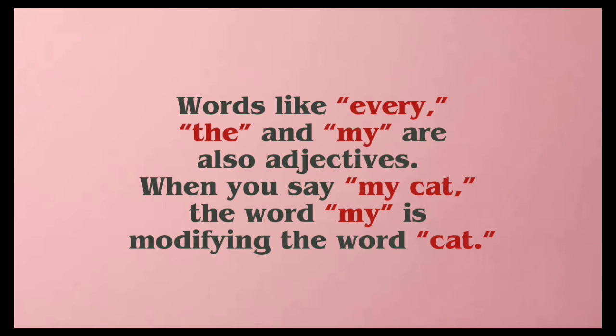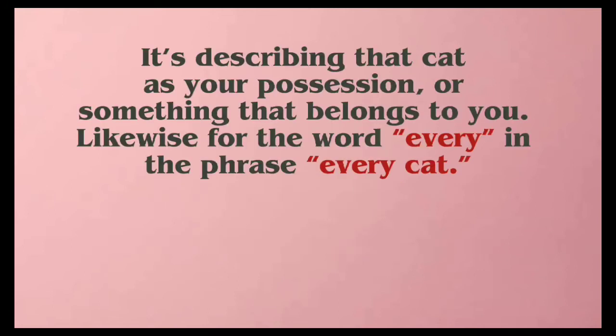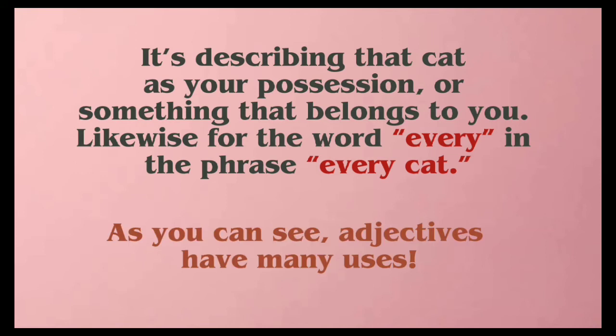When you say "my cat," the word my is modifying the word cat. It's describing that cat as your possession, or something that belongs to you. Likewise for the word every in the phrase "every cat." As you can see, adjectives have many uses.